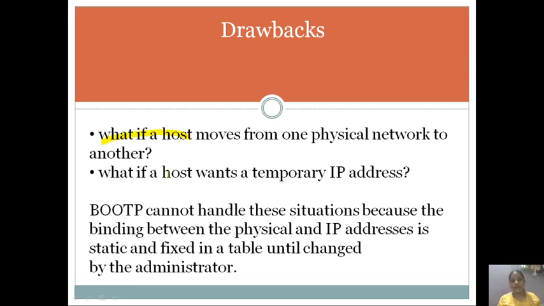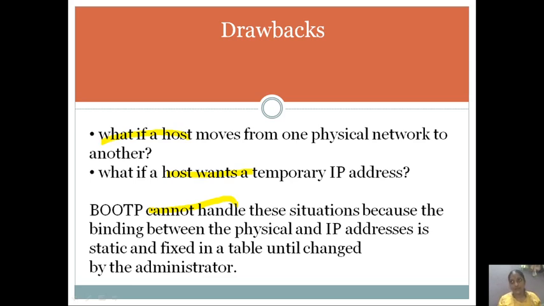And if a host wants a temporary IP address for some time, Bootstrap cannot handle these two situations, because the binding between the physical and IP address is static.